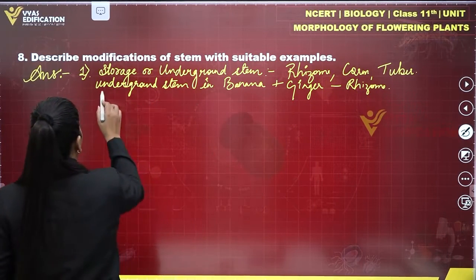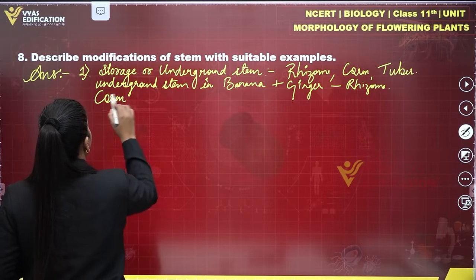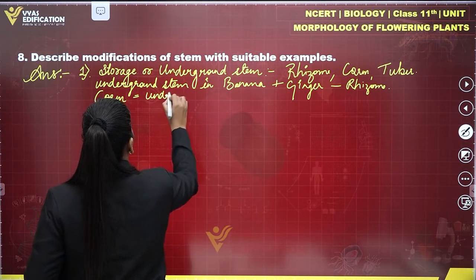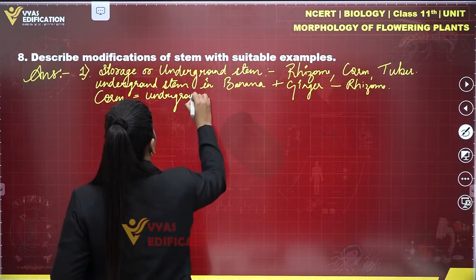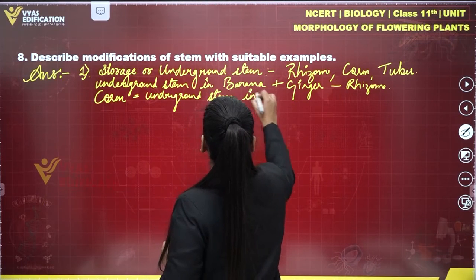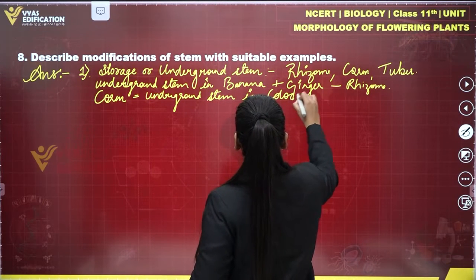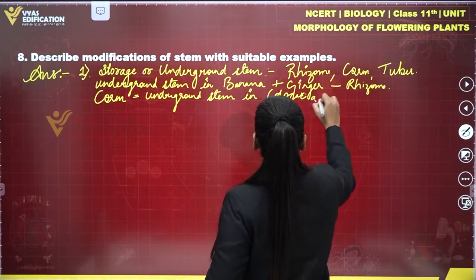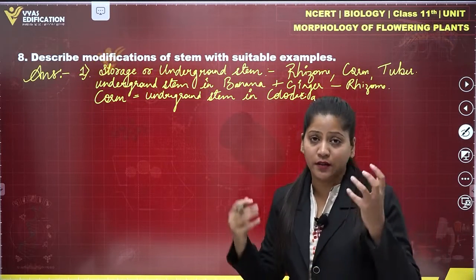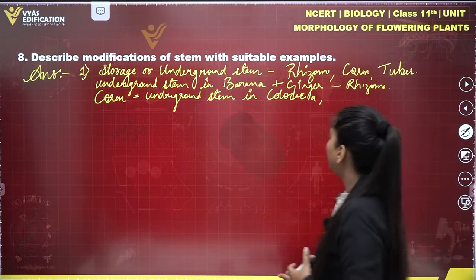Then we have corm. Corm is also underground stem in colocasia and Zamicanth. This is also swollen because of storage of food. It stores food. Then we have tubers.